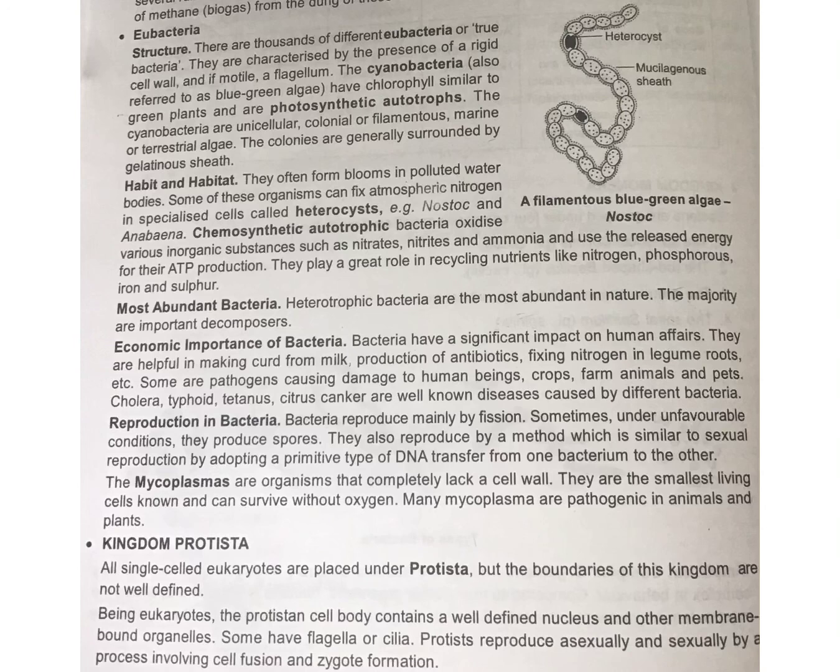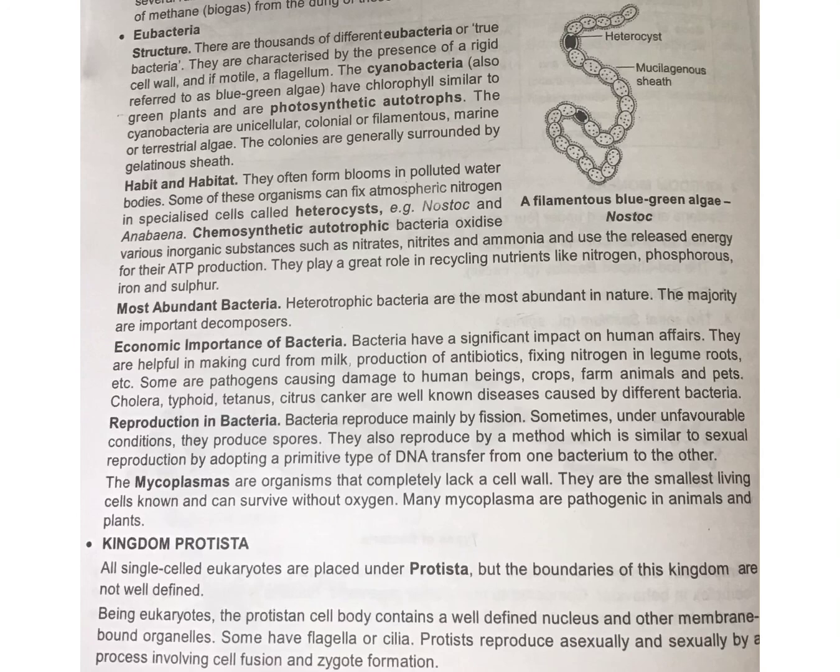Now let us consider certain economic importance regarding bacteria. Firstly, the bacteria have a significant impact on human affairs. They are very helpful in making curd from milk, in the production of antibiotics, and in nitrogen fixing in leguminous plants by fixing atmospheric nitrogen.